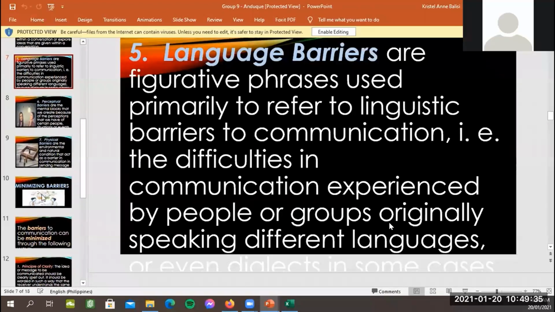Yung language barrier po ay yung minsan po hindi nagkakaintindihan yung magkatrabaho kasi po minsan may iba po yung lengguwahe niya. Iba po yung lengguwahe niya sa lengguwahe ko. So, nagkakaroon po ng difficulties dahil doon.